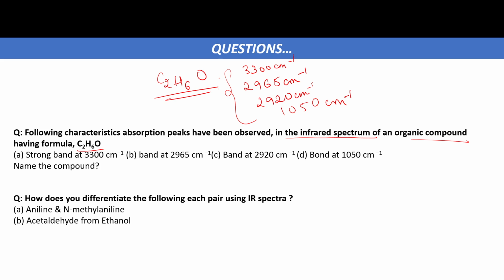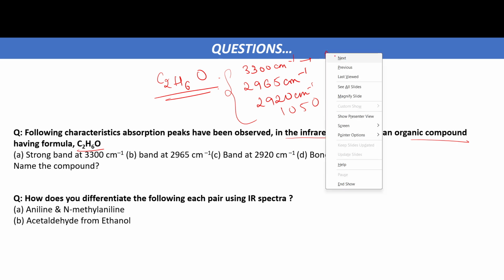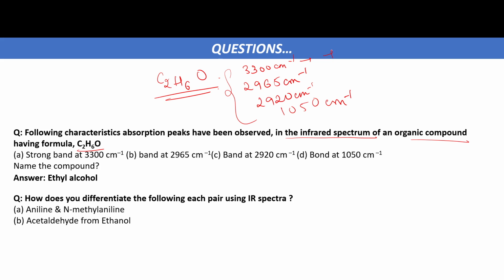For 3300, we know a strong band corresponds to alcohols, where we get the OH stretch.